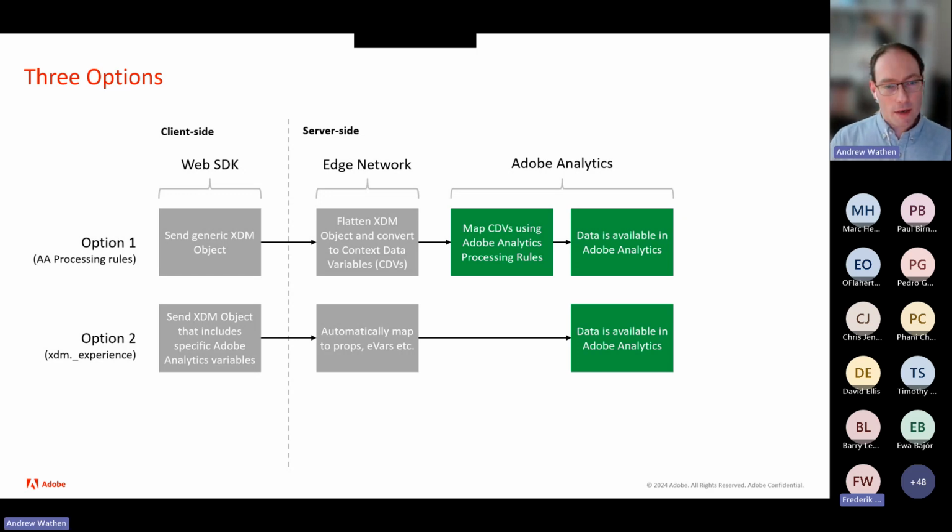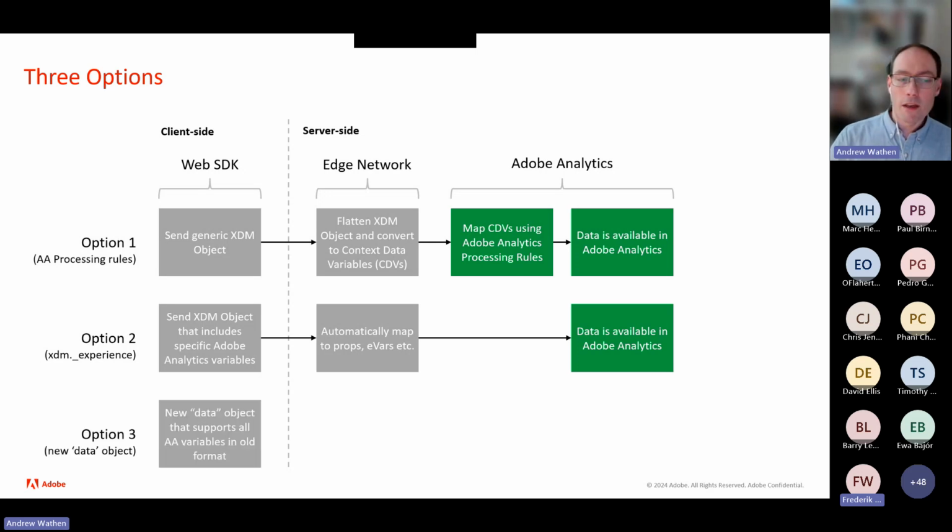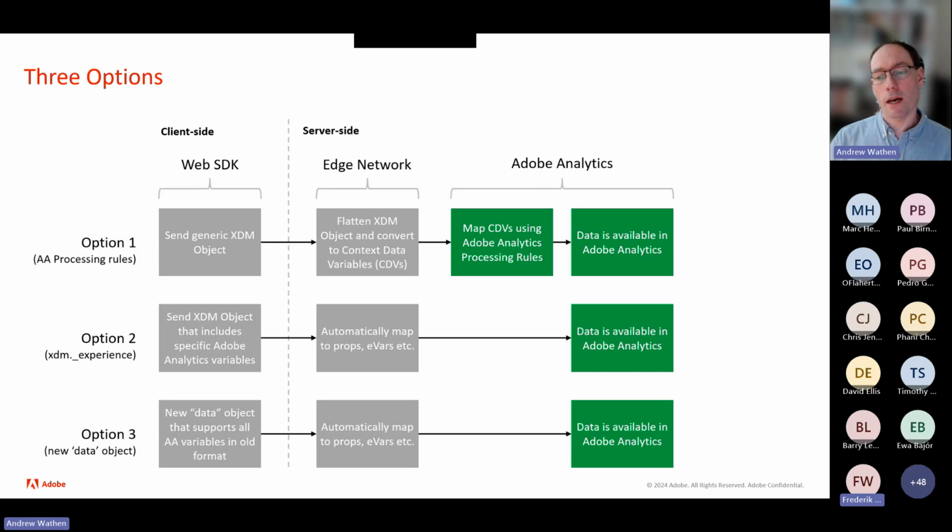And then at the US Summit, Adobe have introduced option 3, which is very new, and there's not a lot of documentation out there on this yet. But this is potentially an even easier way of doing things. So it's very similar to option 2 in the fact that you populate some variables client side, and those variables get auto mapped over to Adobe Analytics.